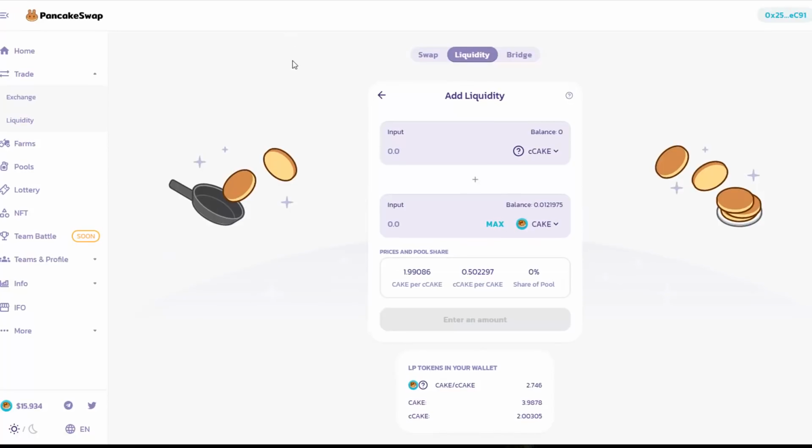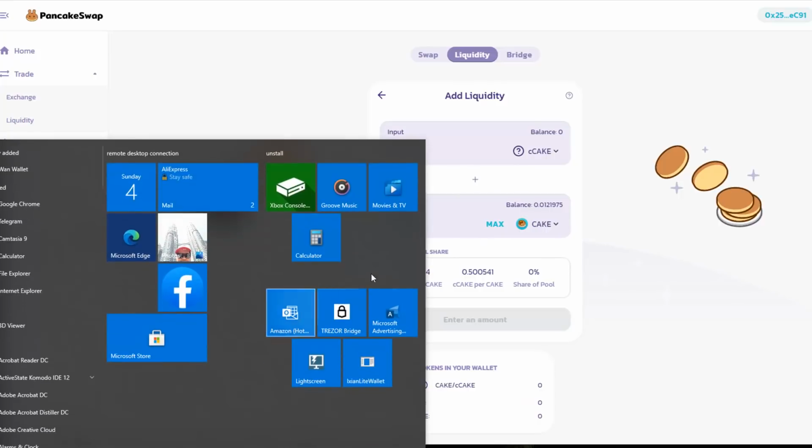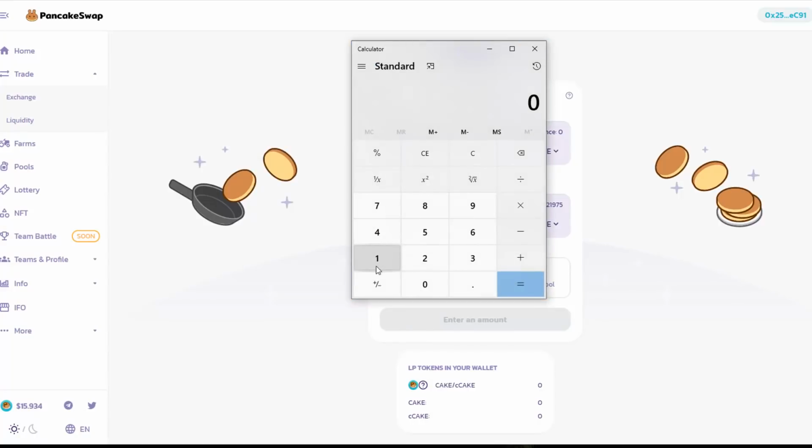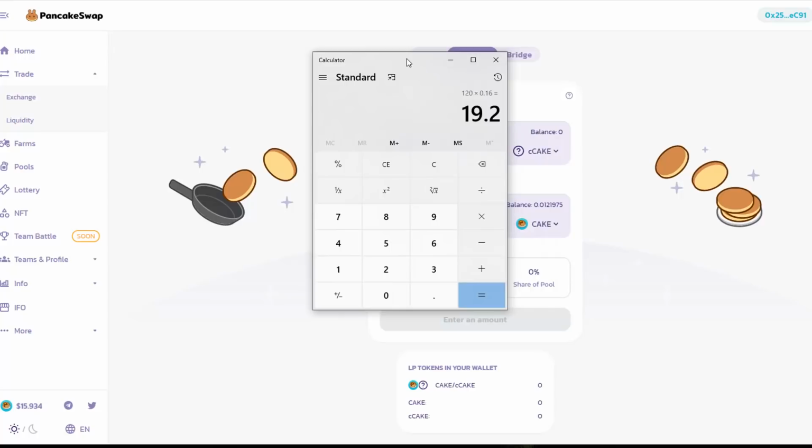So I should earn about what's that? 16. So we go back here. 120 times 0.616. I should be earning about $19 a day from this $120 that I've deposited.